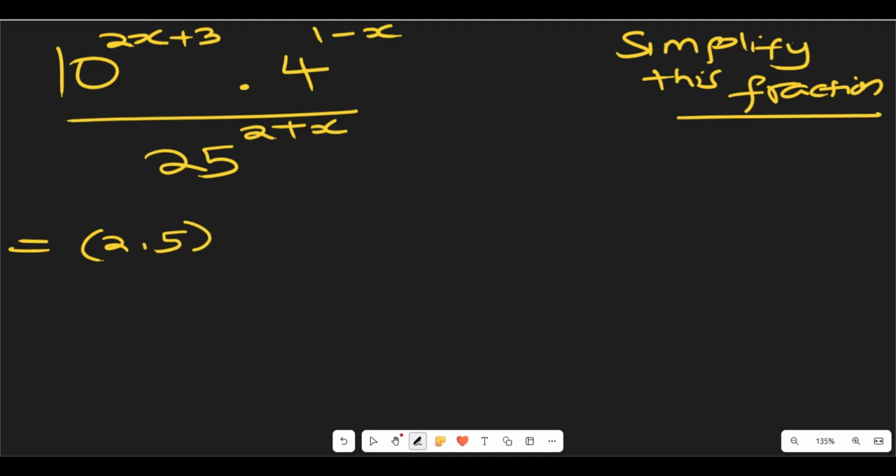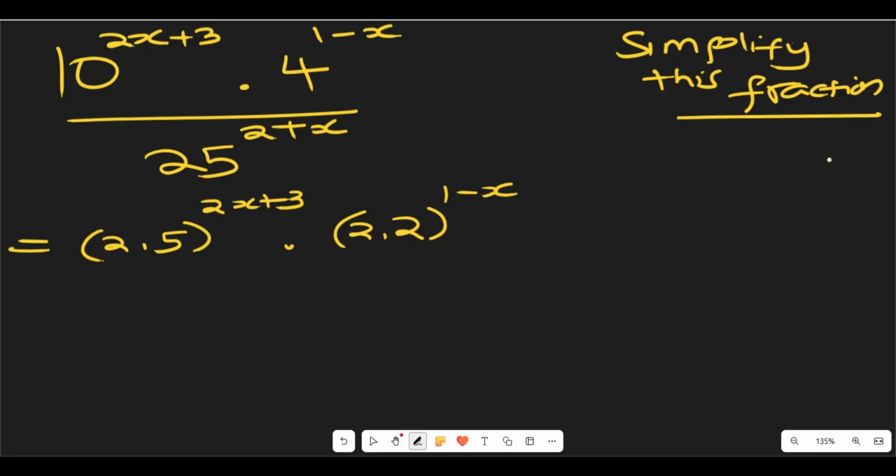You say 2 multiplied by 5, close brackets, still both raised to the power 2x plus 3. And then you multiply by these 4. 4 has factors as well. You say 2 multiplied by 2, close brackets, to the power 1 minus x.